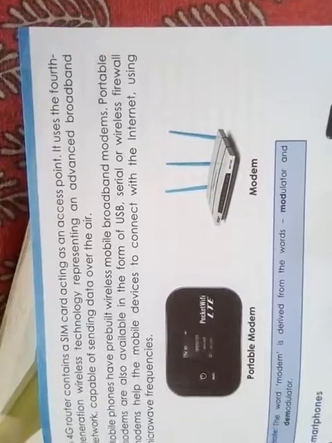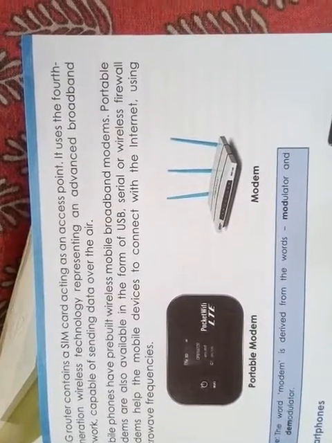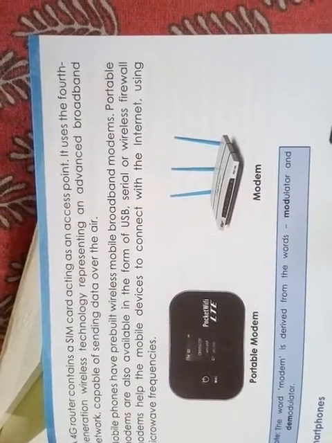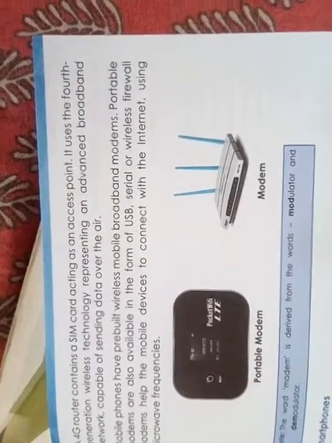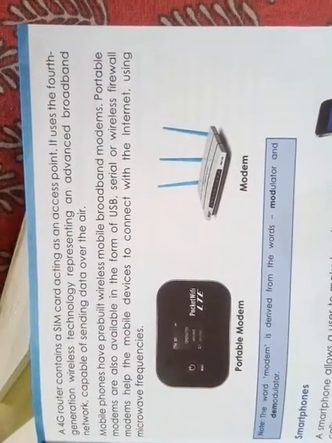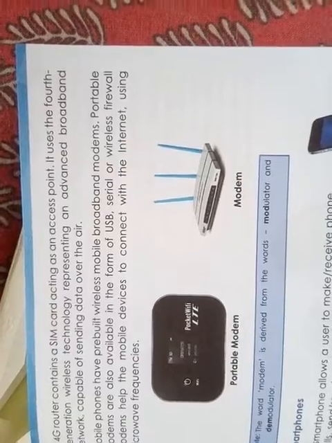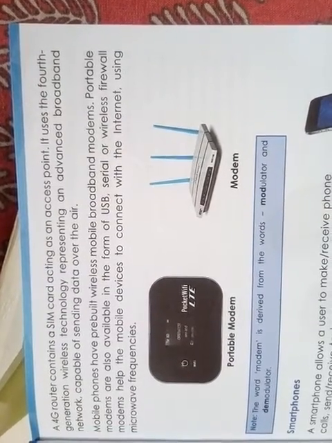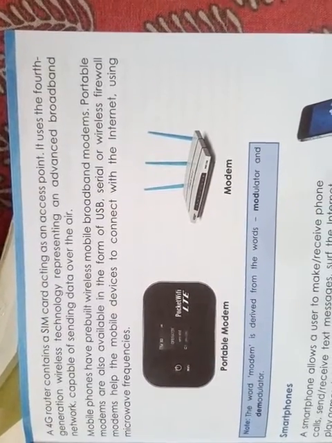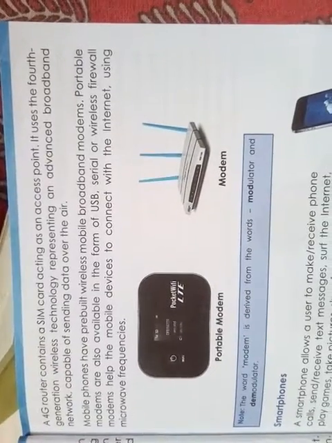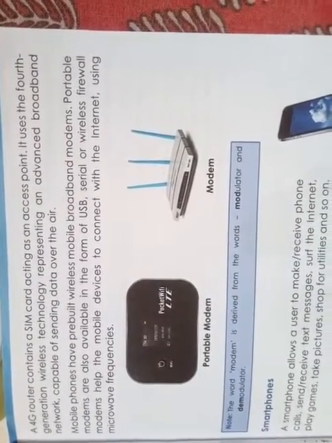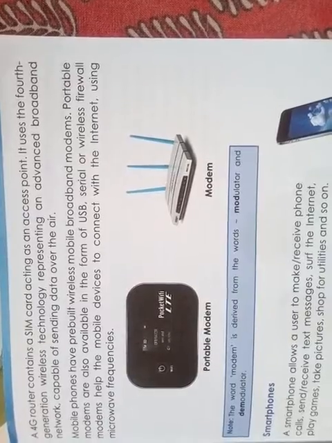The 4G router consists of a SIM card acting as an access point. It uses fourth generation wireless technology, an advanced broadband network capable of sending data over the air. Mobile phones have pre-built wireless mobile broadband modems.